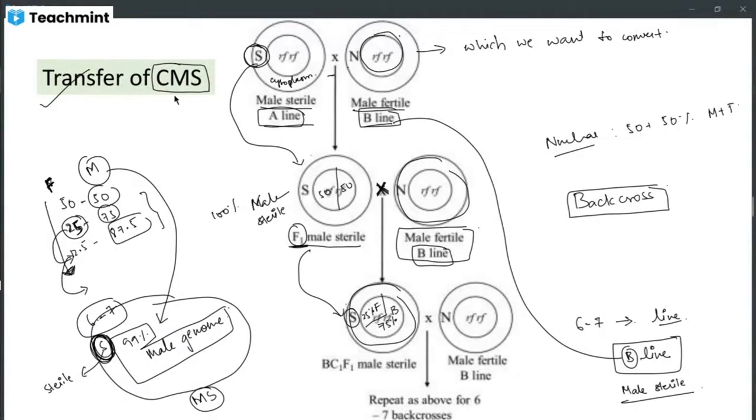If you read about hybrid seed production, you need to have two lines, one your female and one your male. Hybrid seed is nothing but your F1 seed.